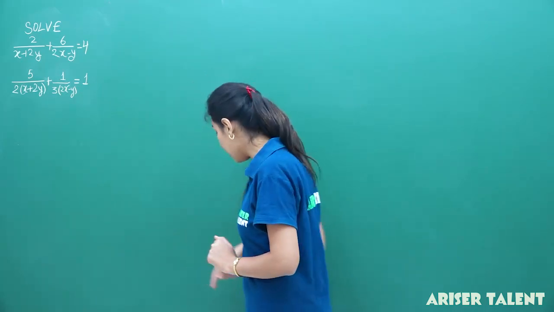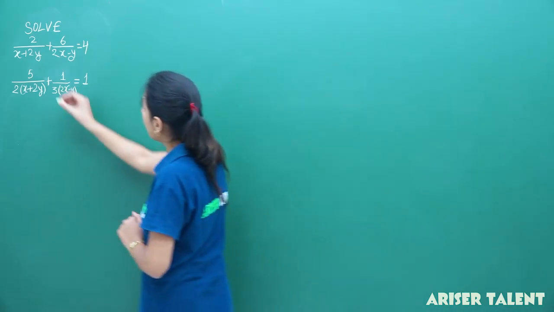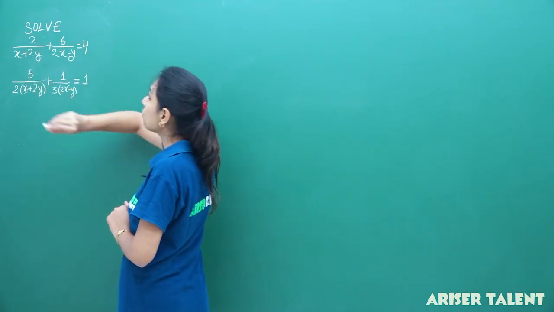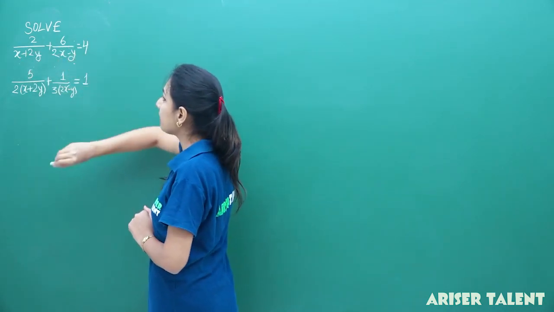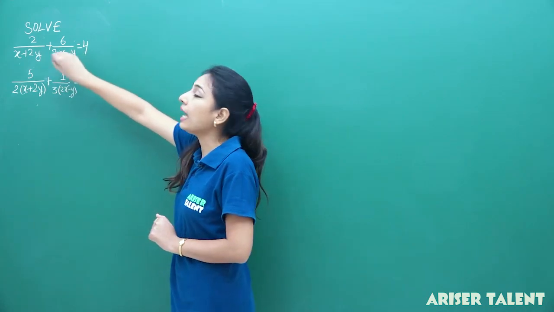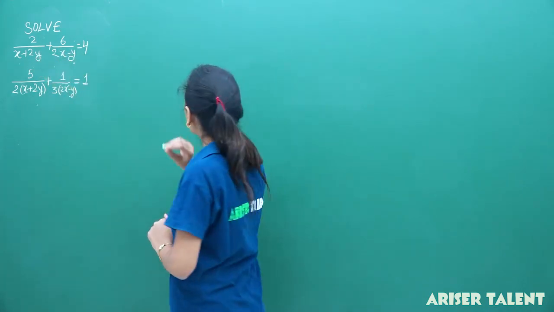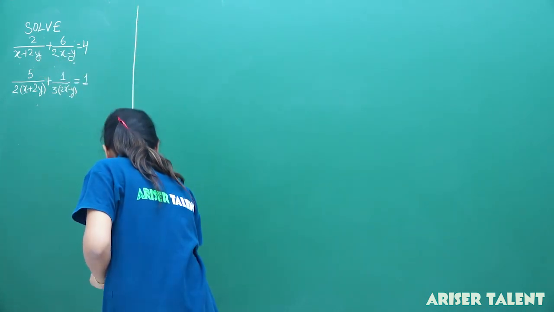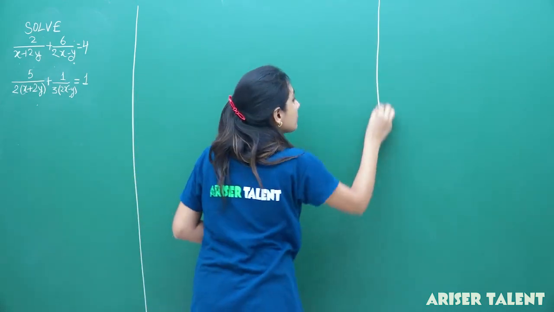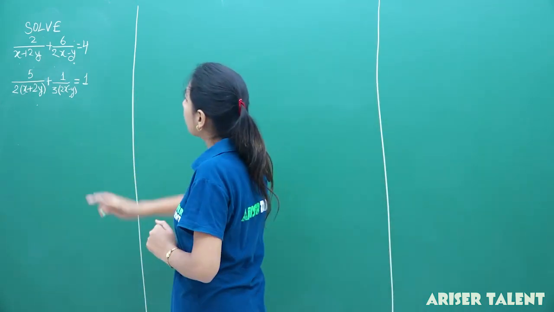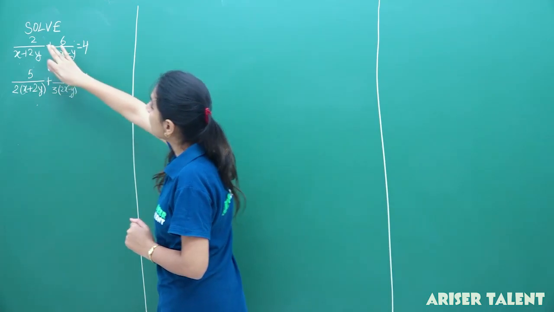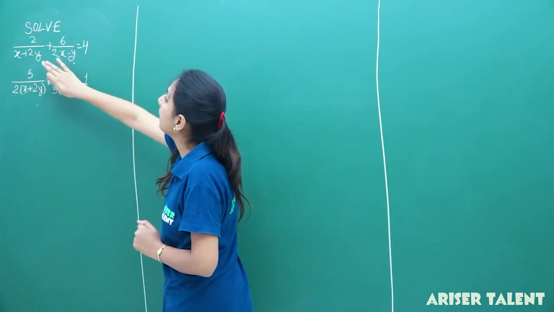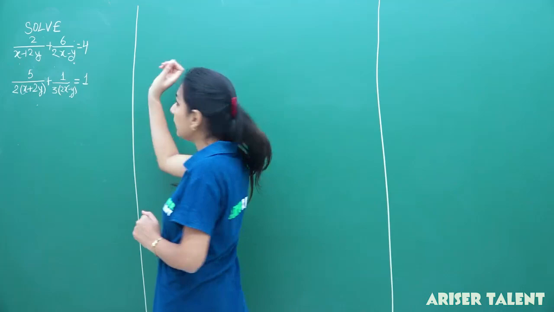So we identified the pattern that we are having 1 upon x plus 2y and 1 upon 2x minus y common here and here. So what will we do now? We'll just substitute this as v and this as u. How? Let's have a look.